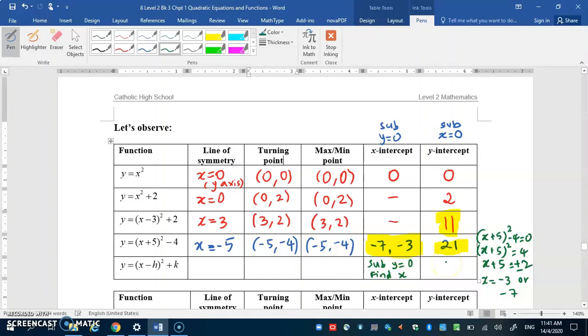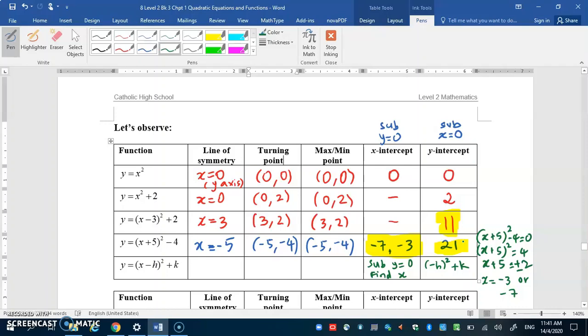And for the y-intercept, you sub in x equals 0. So when I sub in x equals 0 into the general form here, I will get negative h whole thing squared plus k. That's my value of the y-intercept.